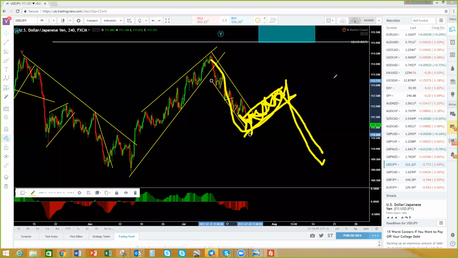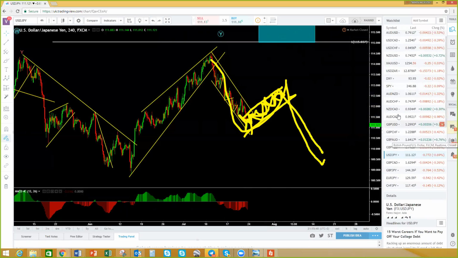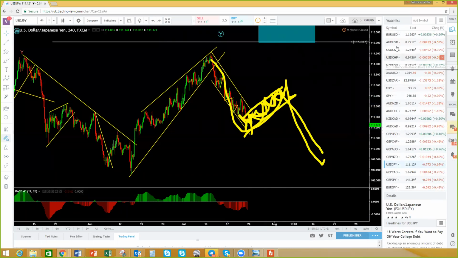Okay, somebody asked for CAD JPY. Have a look for CAD JPY. Let's look for CAD JPY.